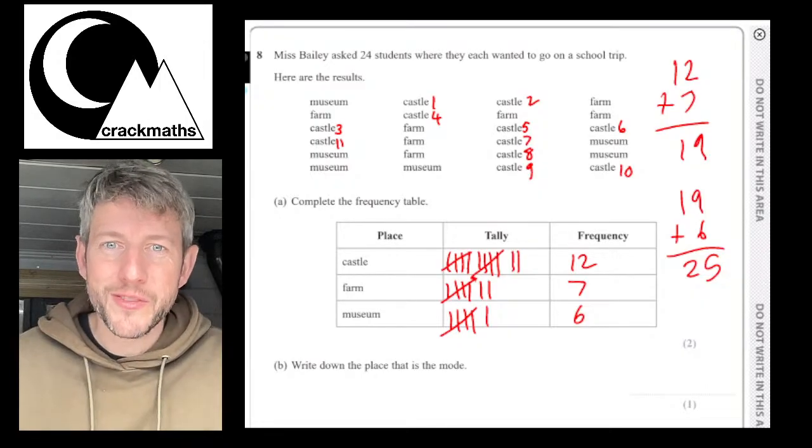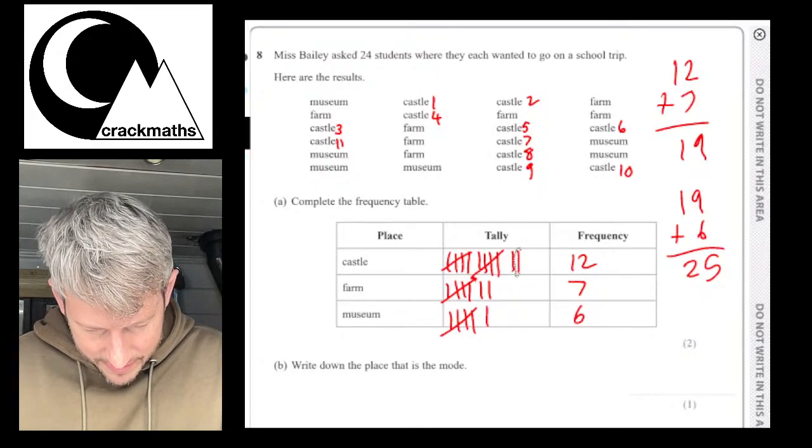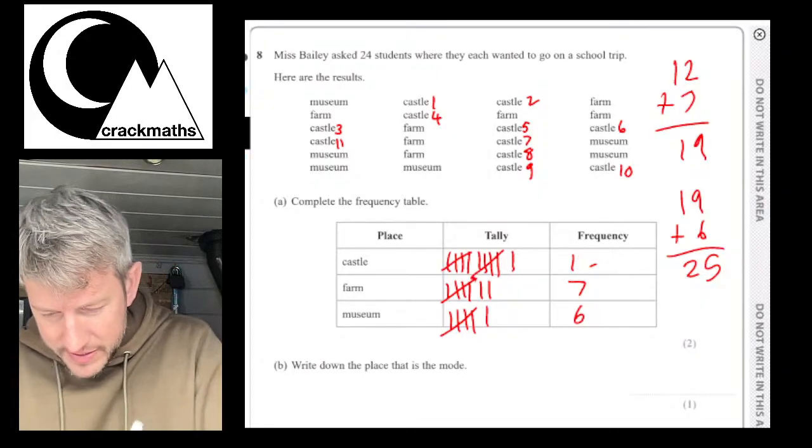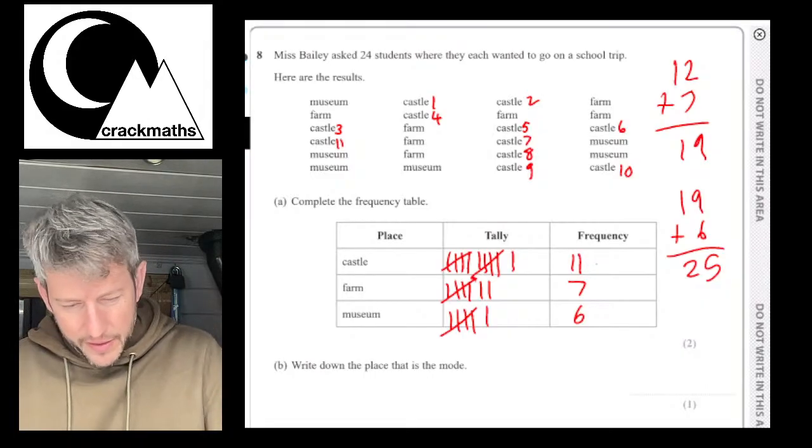Yeah, it was the extra castle. I must have double counted it. Right, so let's get rid of that. Get rid of this. Okay. There we go. And then that's good.